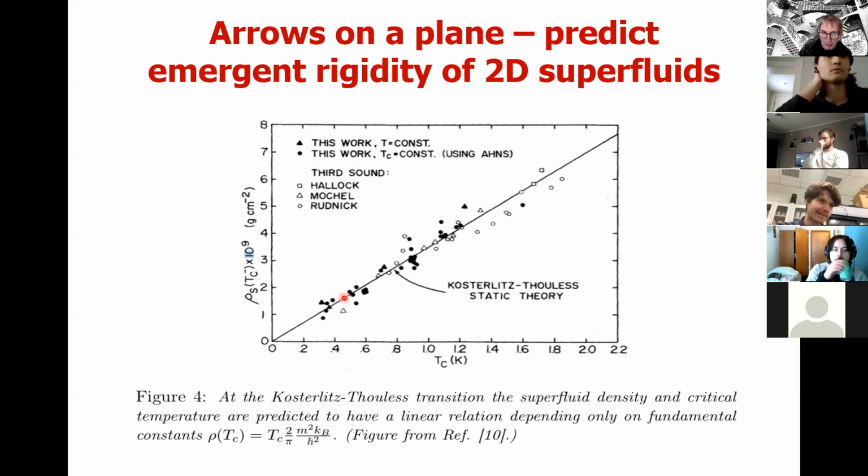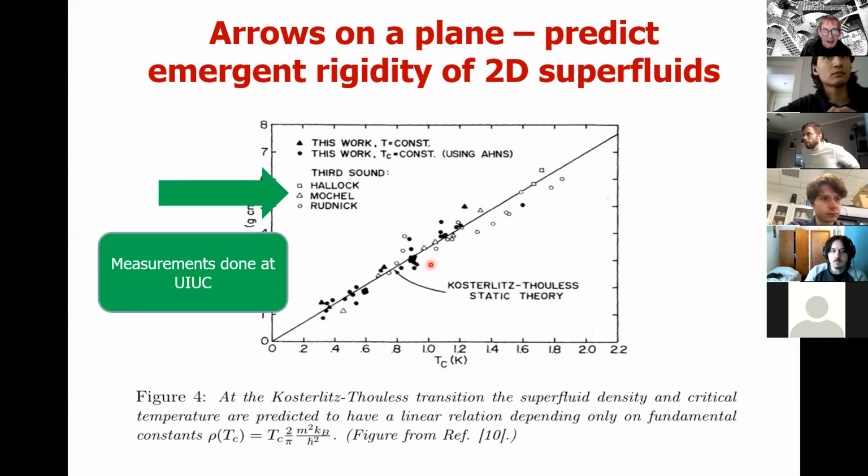I'll tell you how we quantify that when we get into details in the course. And that was predicted to scale in a particular way with the critical temperature. And these are data here. In fact, these are data from University of Illinois, from Jack Reppy's group, and the data agree very, very well with the theory, with no adjustable parameter there.